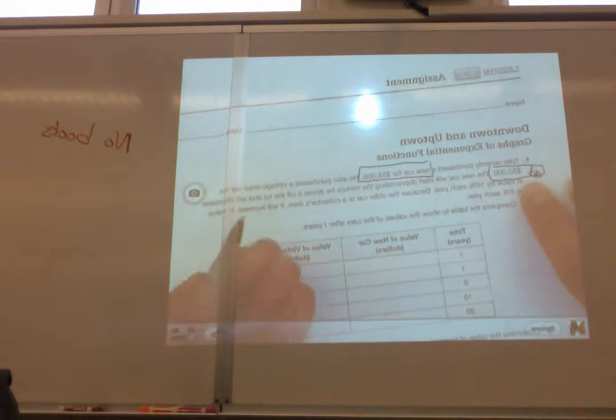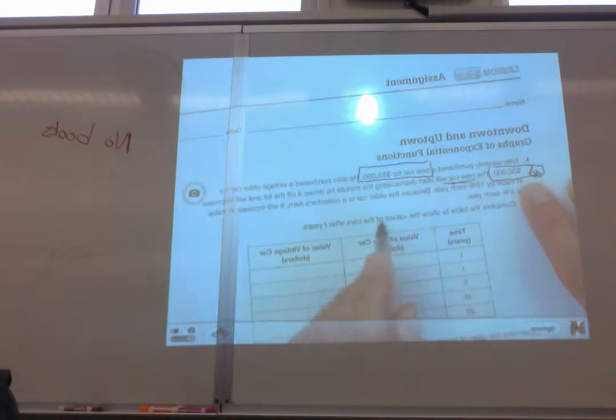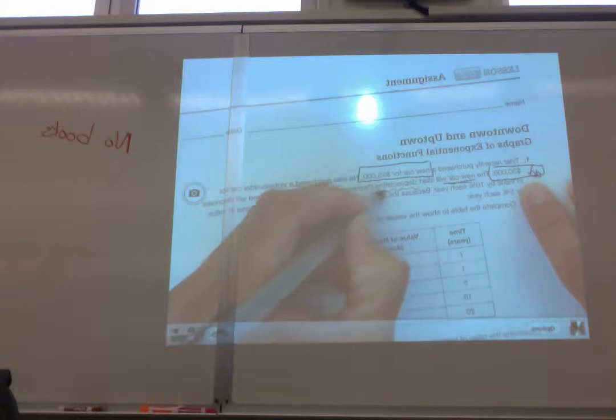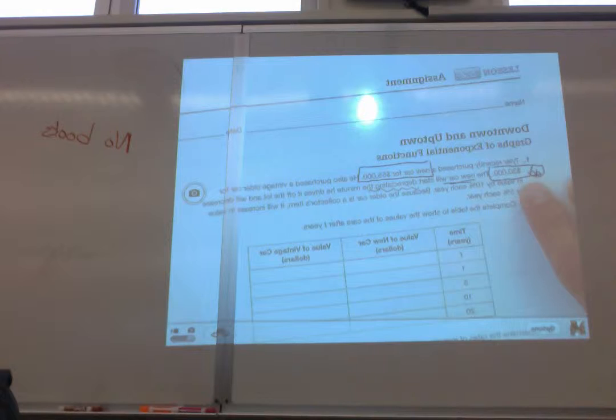The new car will start depreciating. Do you guys know what depreciating means? Decreasing. When you buy a car that's brand new, it costs a certain amount, and as you drive it and time goes by, it's worth less. It loses value a little bit because it's not brand new anymore.